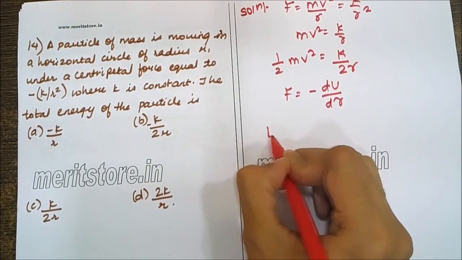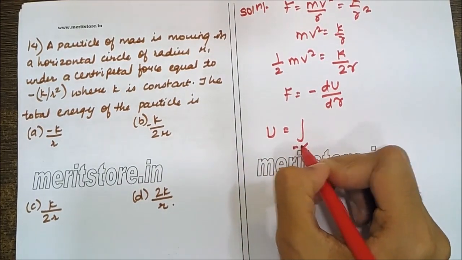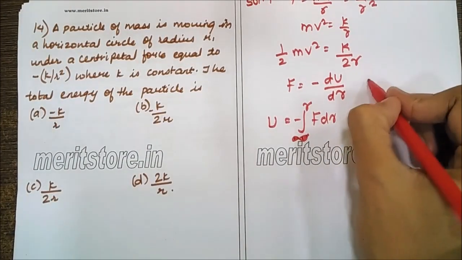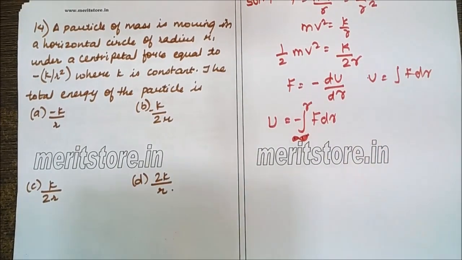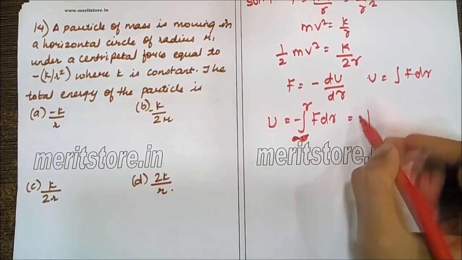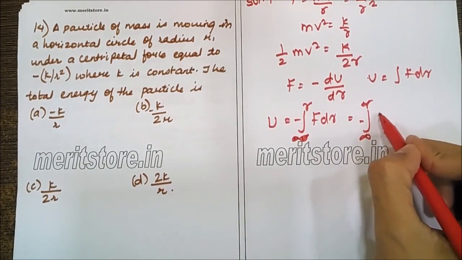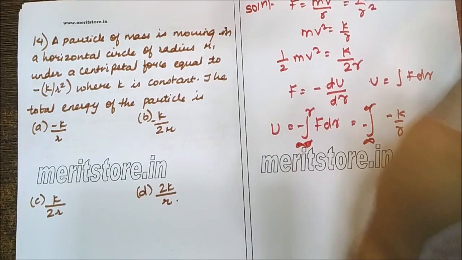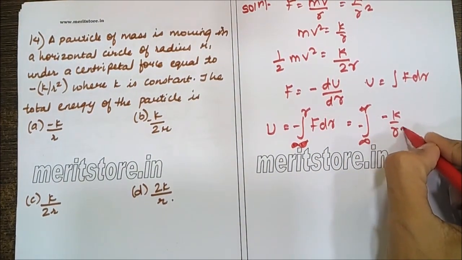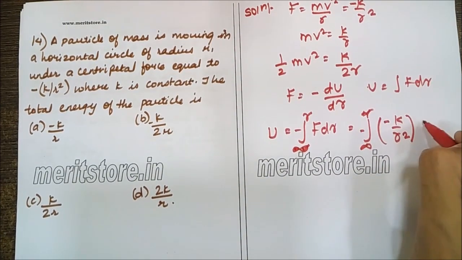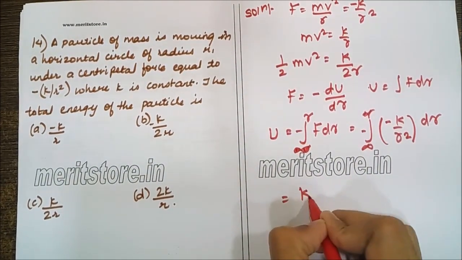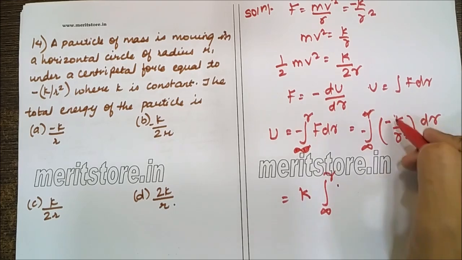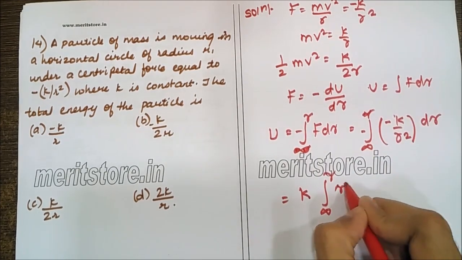So therefore the potential energy u is given as the integral from infinity to the distance r of minus f dr. Putting the values, we have minus, infinity to r, the force which is equal to minus k upon r square, so minus k upon r square into dr. The k is a constant, it comes out, infinity to r, minus minus becomes plus, so we have 1 upon r square, that r square will go upwards, so that becomes r raised to minus 2 dr.